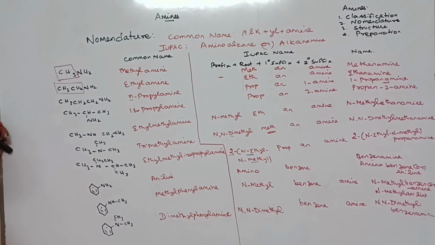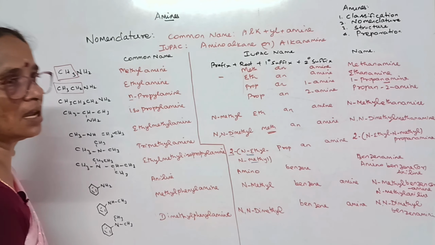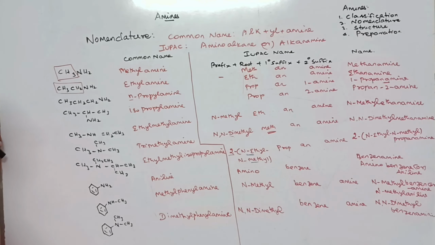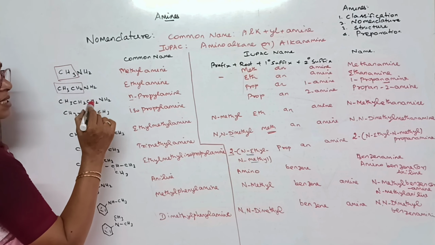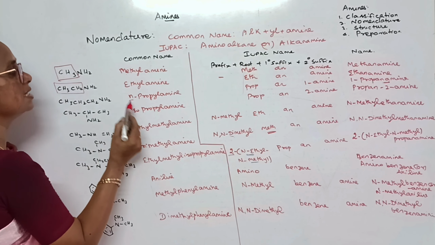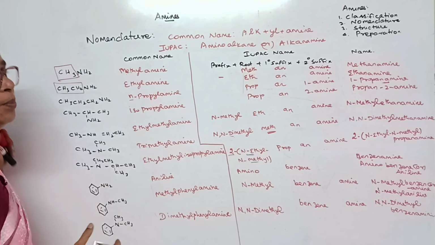When we go to more than 2 carbons, you have to find the position of the amine group, that is essential. See that I have 3 carbons in a chain, it has no branches, that's why the common name is n-propylamine. The n indicates the chain has no branches.